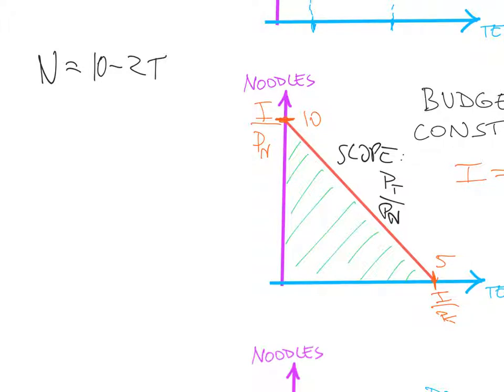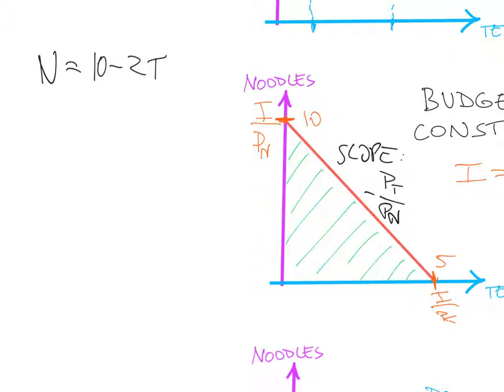Because it's not true. What are we missing? Negative. It's a negative slope, right? So we should really say negative Pt over Pn. What is slope? Rise over run. In this case, the rise is a fall, so it's negative I over Pn, that's the rise, divided by I over Pt. That's the run.